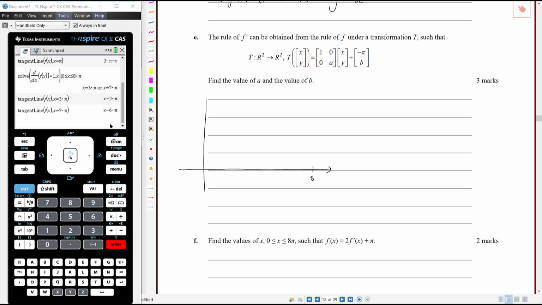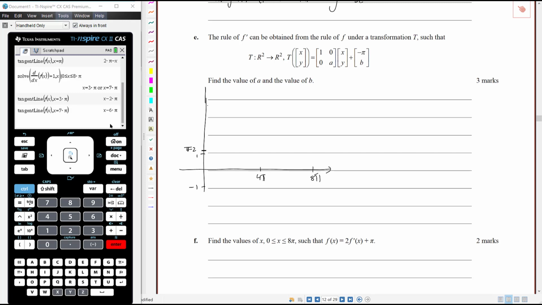Okay, so let me just think a bit about what's happening here. So we've got 8 pi, 4 pi, so we're going to see 2 complete cos curves. Pi is about 3.14, so pi minus 2 will be bigger than 1, is what I'm trying to think through. So I'm going to make that 1, for example, negative 1 down here.